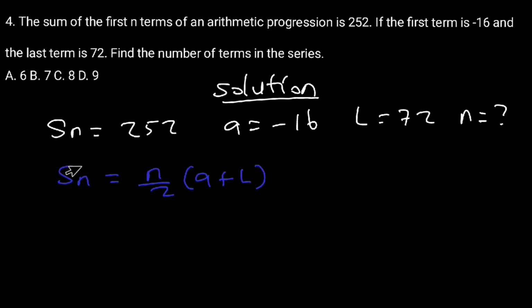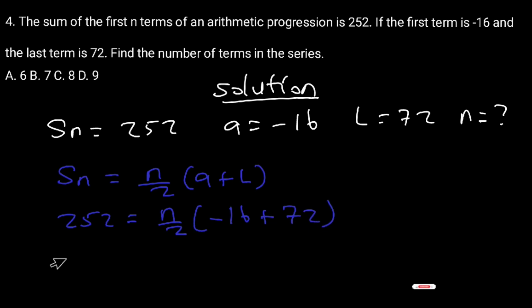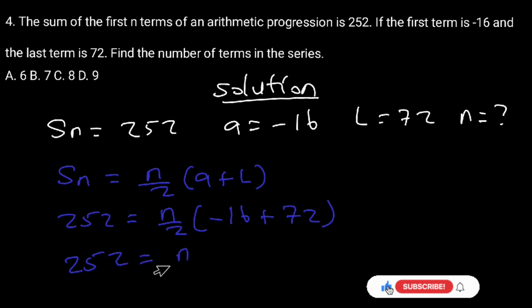As given in the question, the sum is 252, then equals to, n is what we're looking for. Then we have the first term is minus 16 plus the last term is 72. So we have 252 is equals to n over 2 multiplied by minus 16 plus 72.